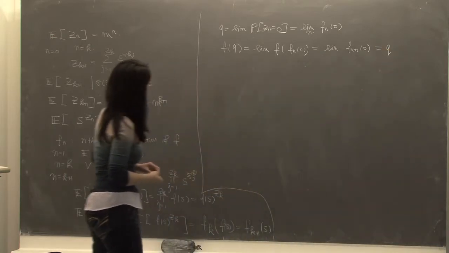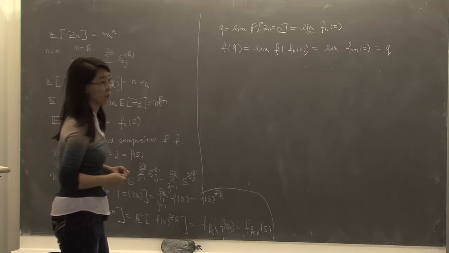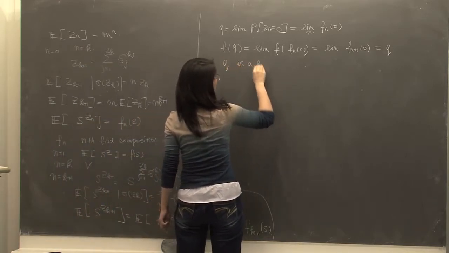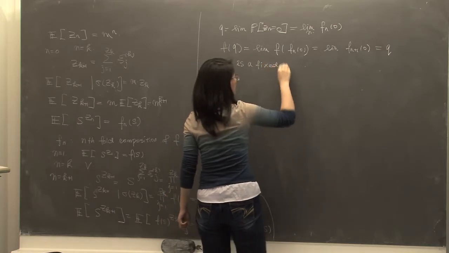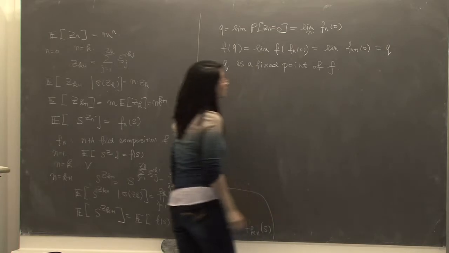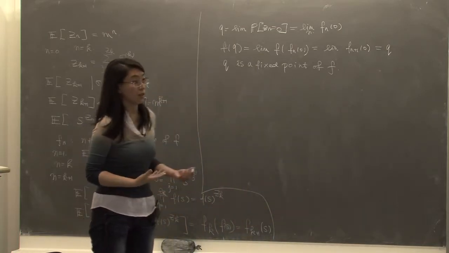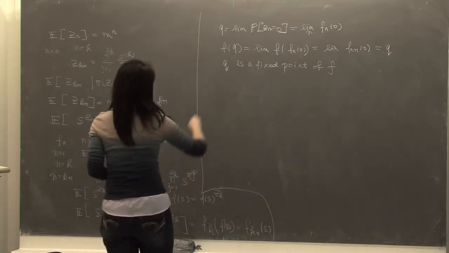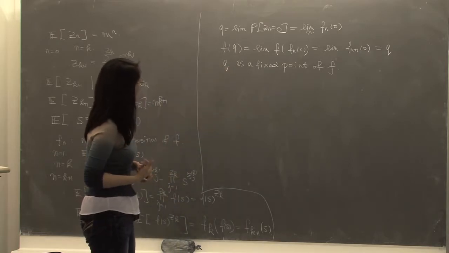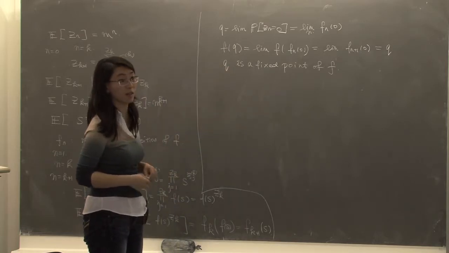So here we can already see that this q has to be a fixed point of F. So then, in order to calculate this extinction probability q, we need to analyze where the fixed points of this function F are.